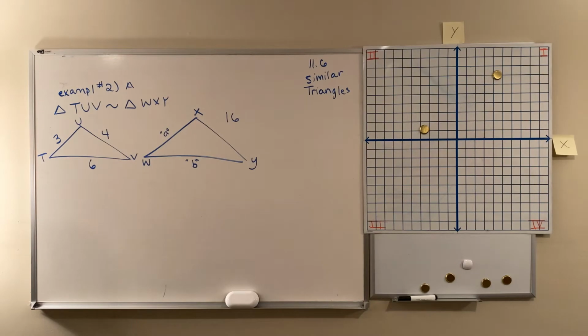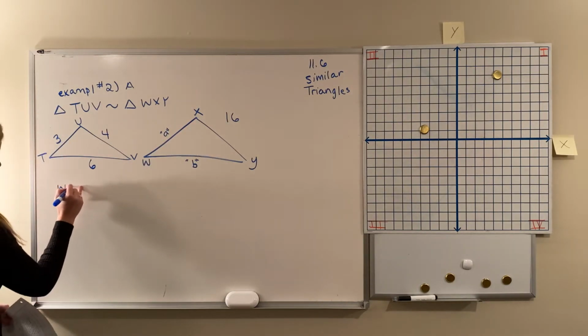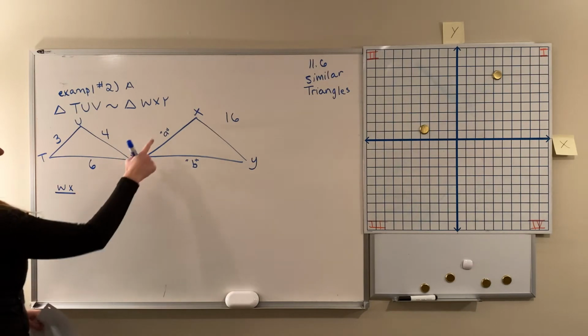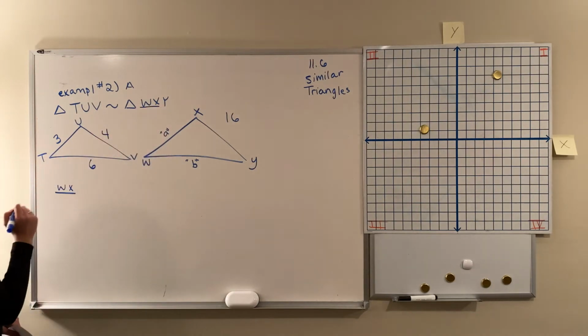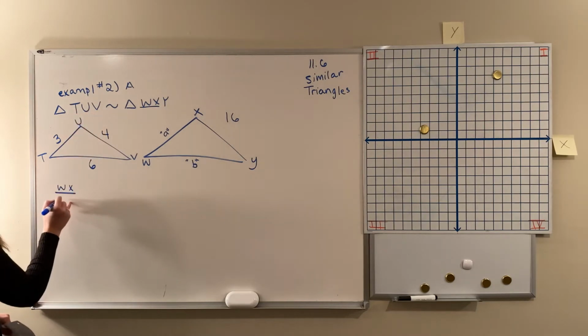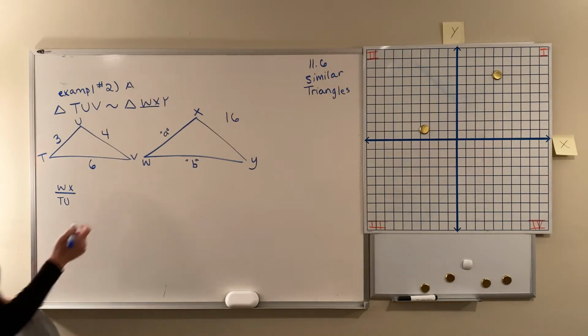But we need to know which pieces correspond to which pieces of our second triangle. So we need to solve for WX. That's one of our unknown values. That's what we're solving for, WX. Well, what does WX correspond to? TU. But that's not enough. We need to come up with a second one so that we can do cross products.